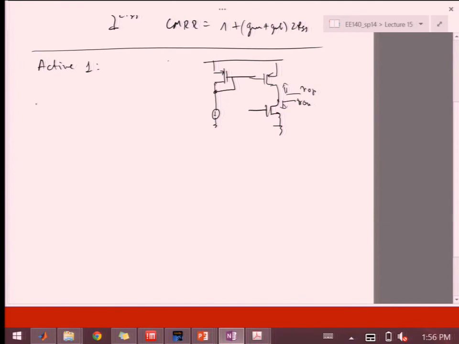And so what you would have is keep this biasing circuit, and then over here, generate two loads.